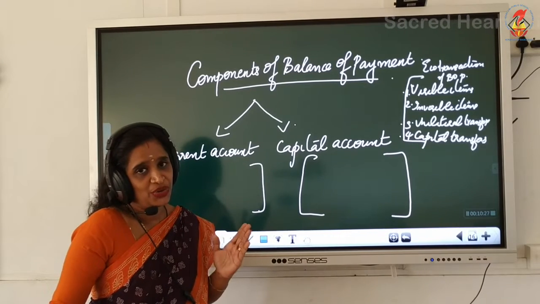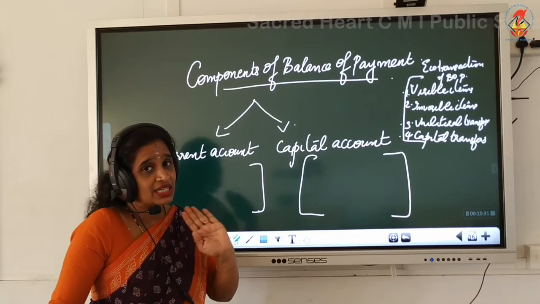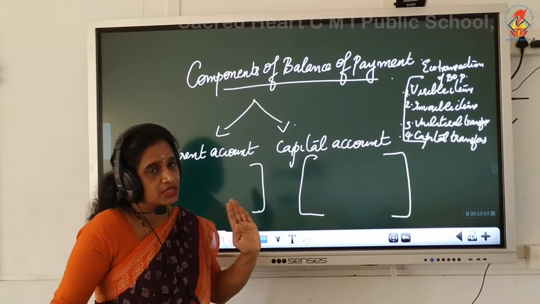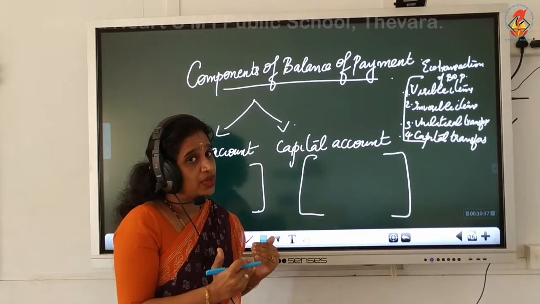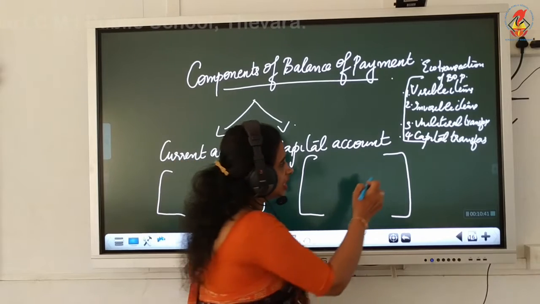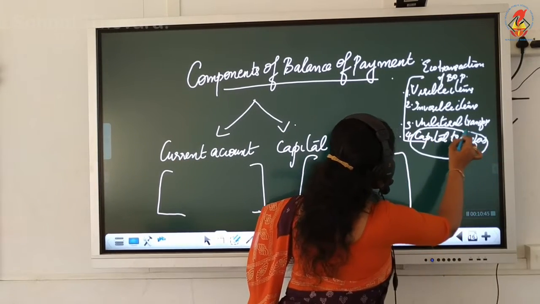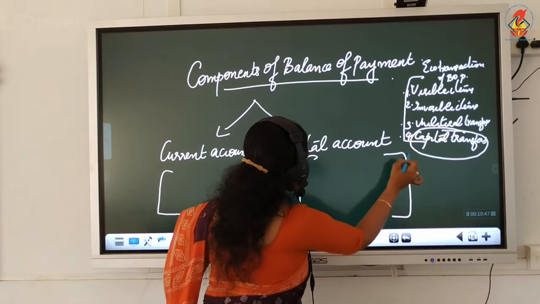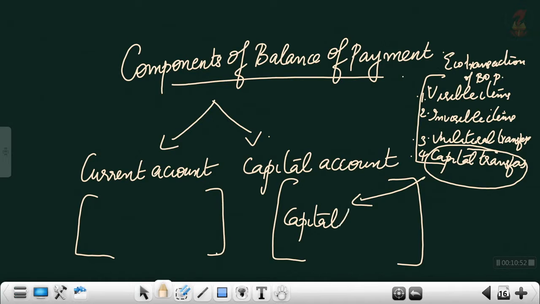All those items related to capital receipts and capital payments come under the capital account. Obviously capital transfers come under capital account, so I am writing capital transfers under capital account.